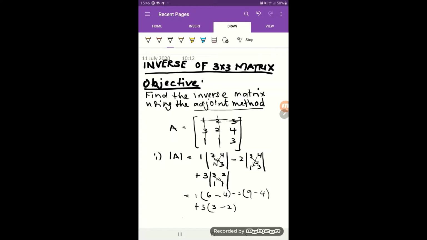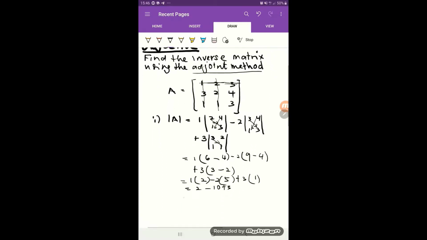So you simplify: 6 minus 4 is 2, minus 2, 9 minus 4 is 5, plus 3, 3 minus 2 is 1. So determinant is 2 minus 10 plus 3. Determinant of A here is negative 5.